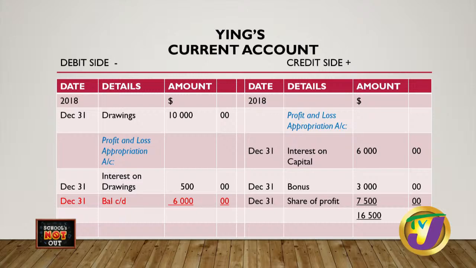He received a total of $16,500, but he took out of that drawings for his personal use, of course, you know that, and he also had to pay back to us interest on drawings of $500. All of this, the $10,000 plus the $500, is coming from the $16,500, which leaves him with a balance of $6,000.